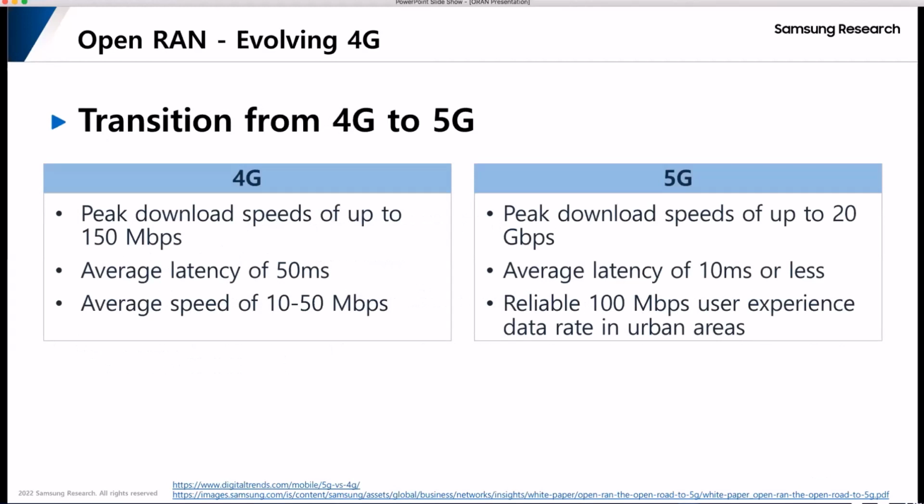So here we have some of the major differences between 4G and 5G. As we can see, the peak download speeds are theoretically to increase up to 20 Gbps, which is over 100 times more than the current theoretical peak download speed of 150 Mbps in 4G.